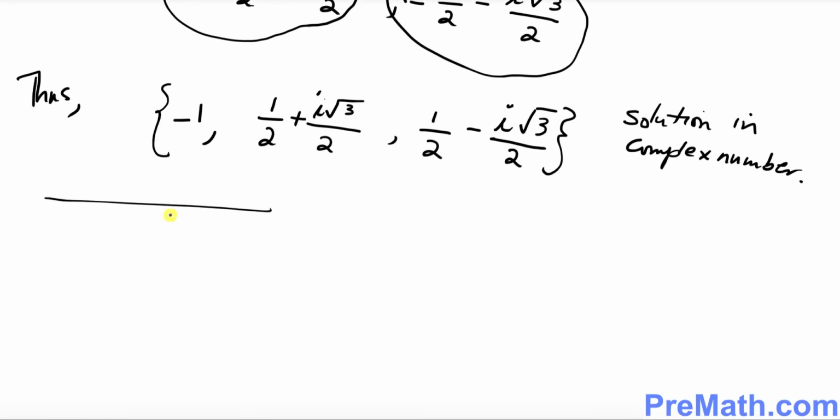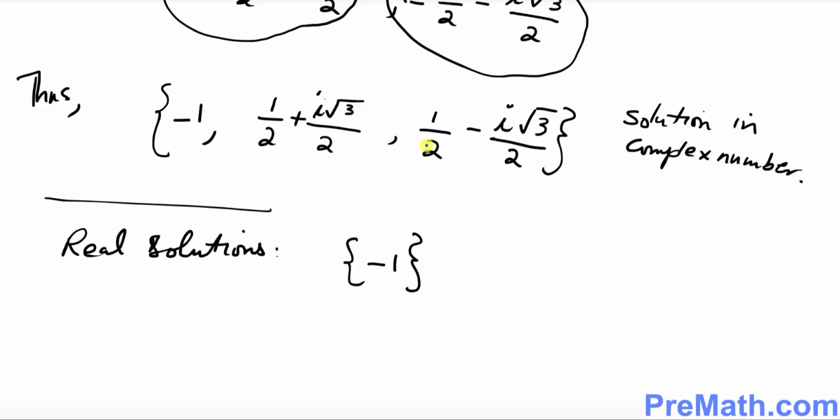If you are looking for real numbers only, real solutions, that is only going to be -1. So you see this difference. These three are your complex numbers and your real solution is only this part. So you have to be careful with that one.